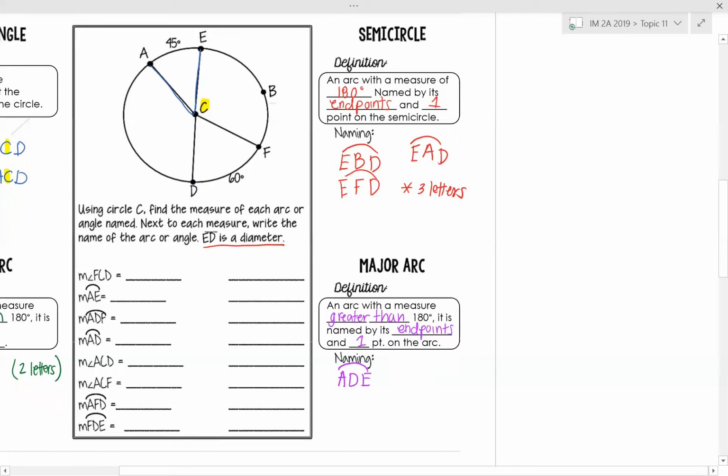So if I go from D to F, not directly, but the other direction, I could go from D towards A. So I could say A, I could say E, I could say B, I could say any of those 3 letters. So D, and then again, I have a choice between 3 letters. So we could just do D, A, F.